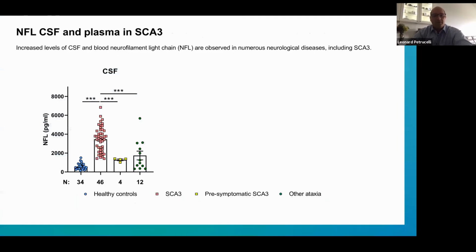So what about NFL? We heard from Matthis just moments ago. We took the opportunity to measure NFL using the same platform, the Simoa Quanterix platform. As you can see here, we can readily discriminate the patients with amazing specificity and sensitivity, which is not shown here.